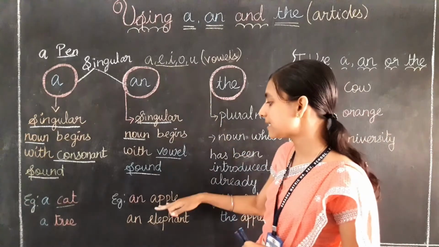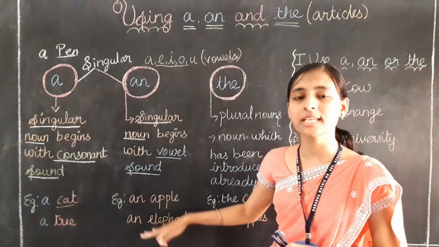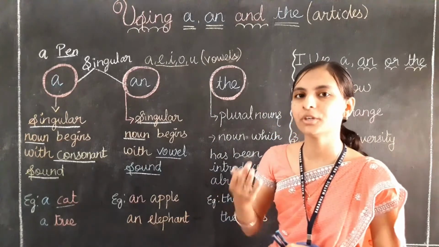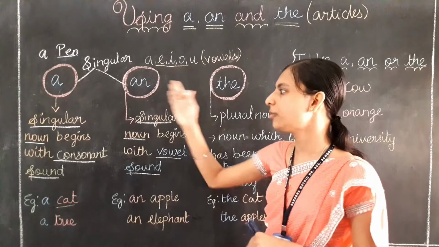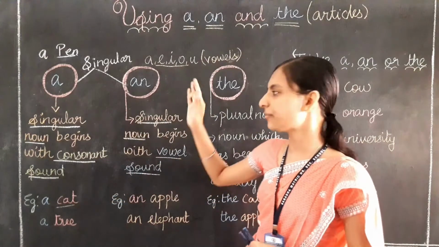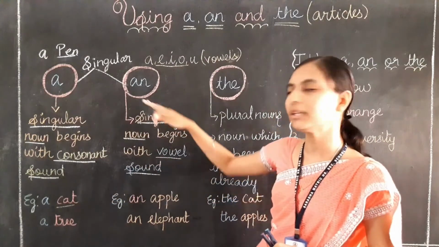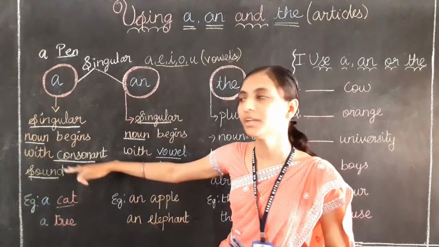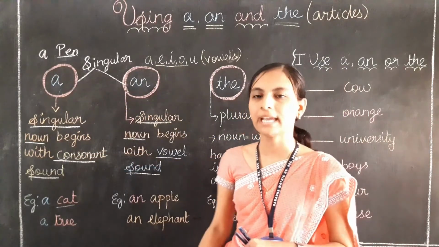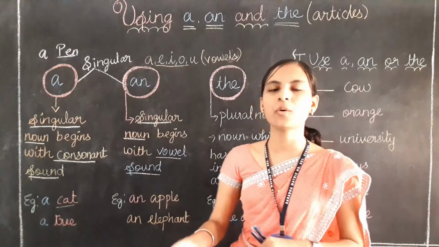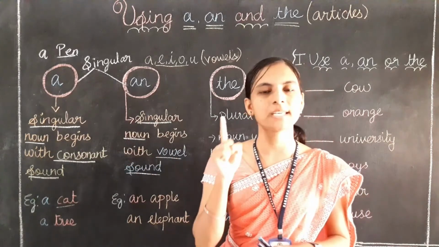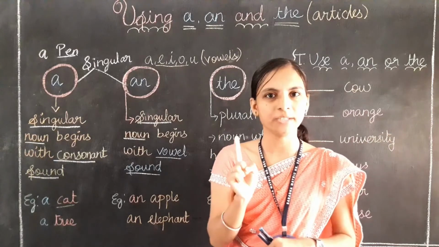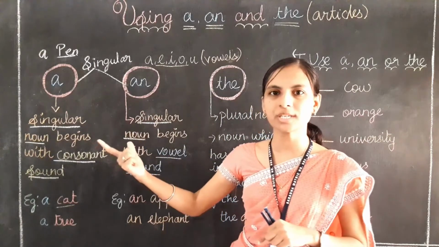So you have to check the sound of the words and find out whether it refers to a vowel sound or a consonant sound. If it refers to a vowel sound, then you can use article an. If it refers to a consonant sound, you have to use article a. And these both are used to refer only to a singular thing or singular animal. Clear with these two, children?